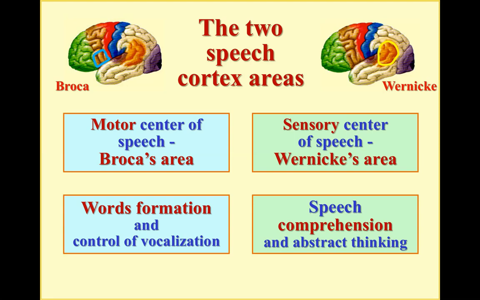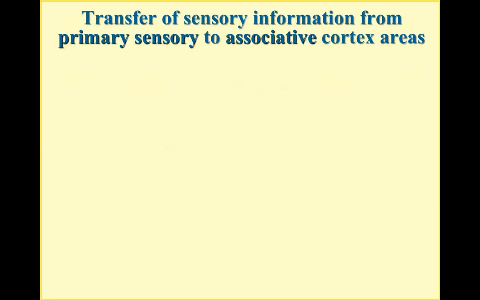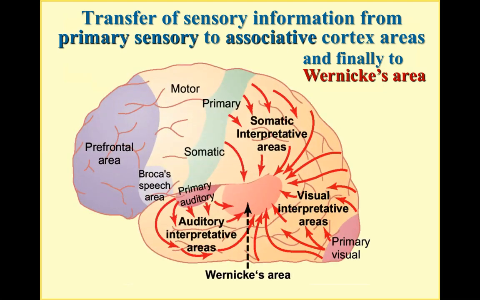Practically it is the center of our intellectual functions, and it combines all the sensory information. Look, all sensory information, somatic, visual, and auditory, comes from the primary sensory areas through secondary sensory areas exactly to Wernicke's area for combination, integration and analysis.